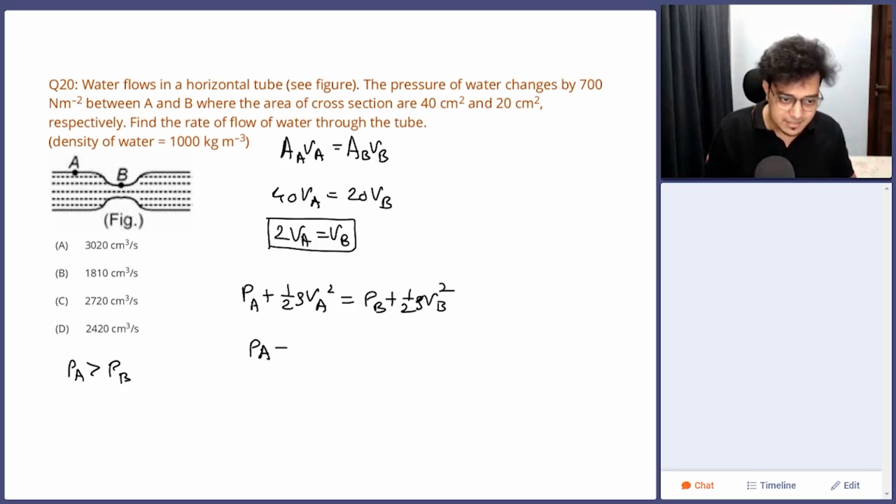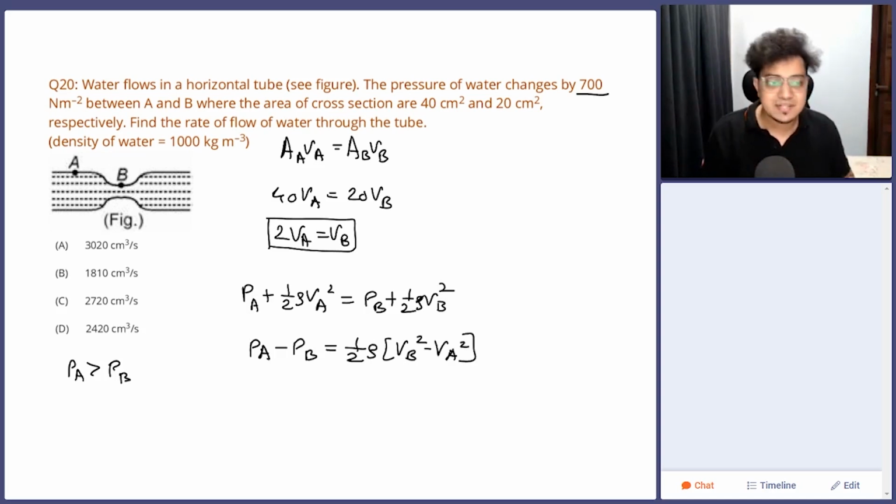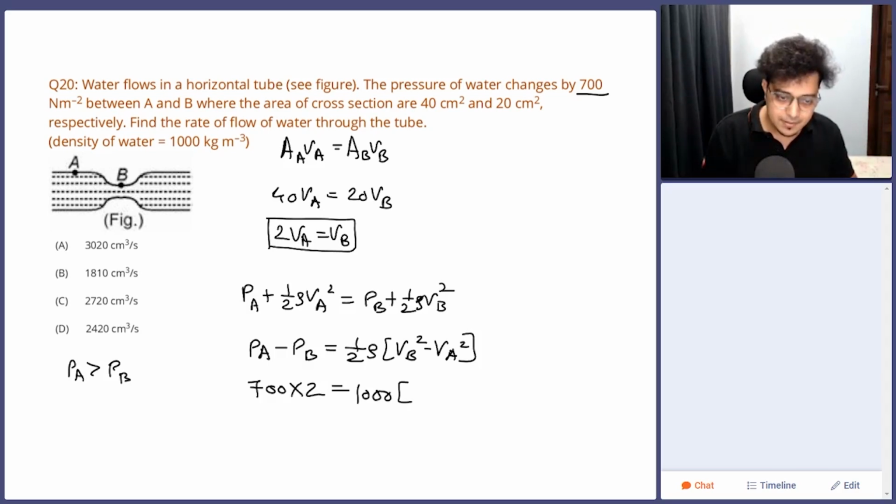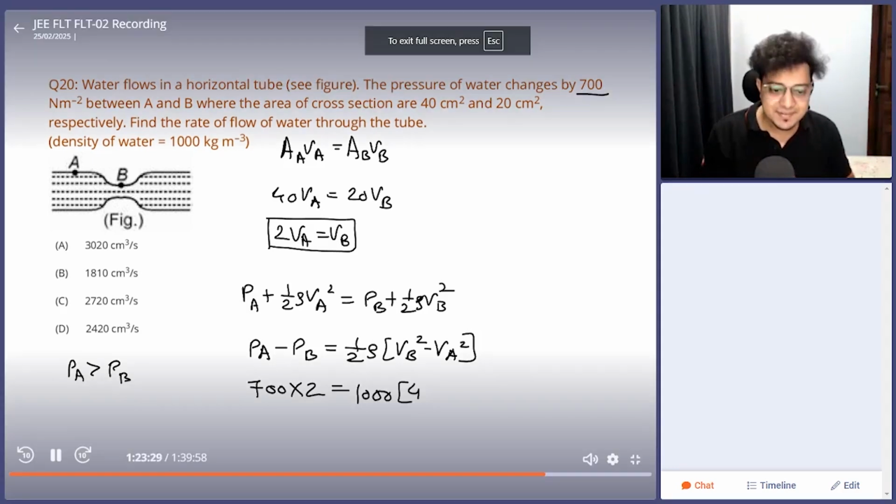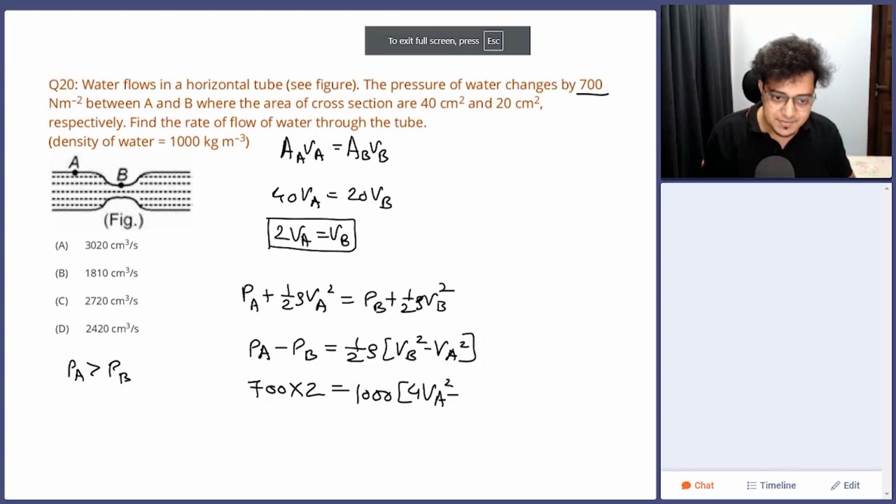So we can rewrite this as PA minus PB, and we can shift the remaining terms and take rho common. That gives us VB square minus VA square. So this difference in pressure is given, 700 already in SI unit, into 2. Density is 1000. And now VB can be written as 2VA, so that will be 4VA square minus VA square.